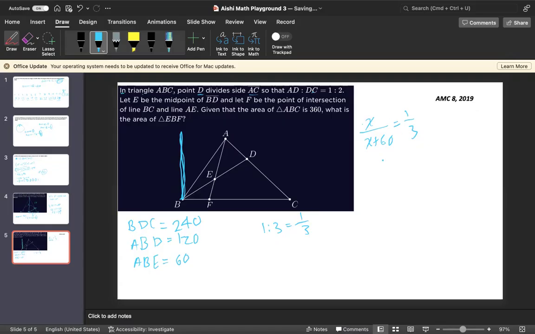So let's cross multiply. We get 3x is equal to x plus 60, which gives us that 2x must be 60, which means x is equal to 30. So the area of EBF is equal to 30.